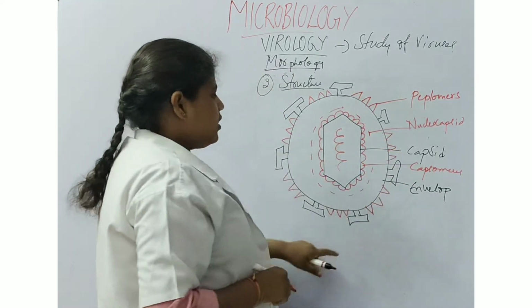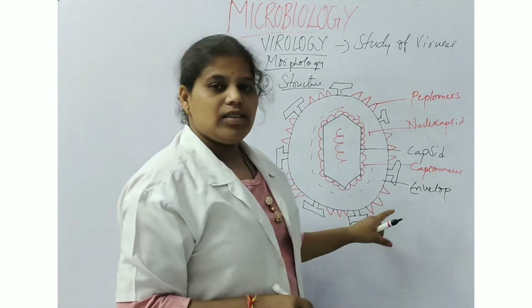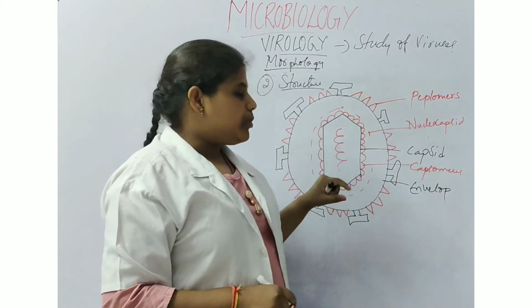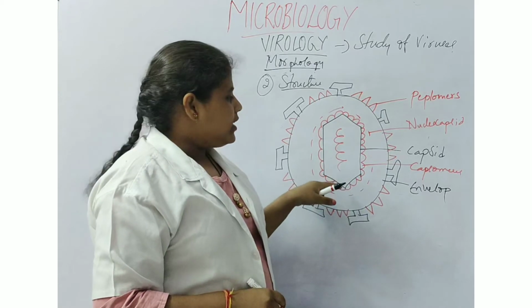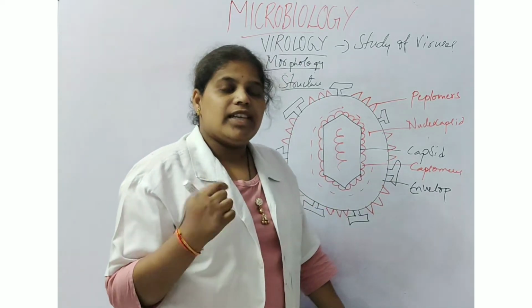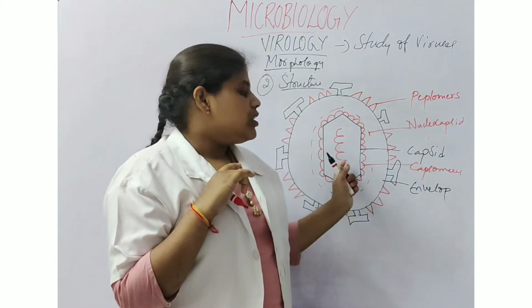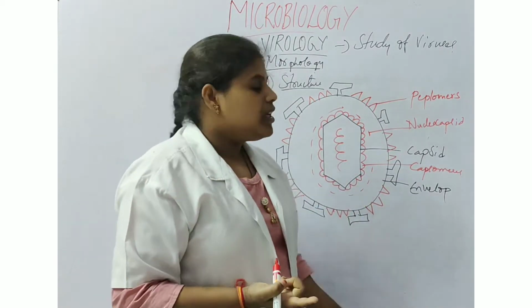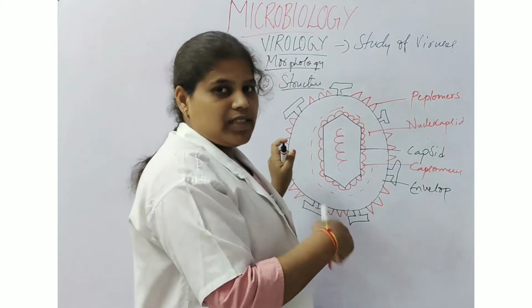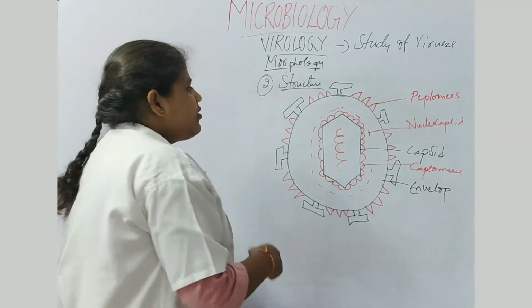All these structures help in the protection of the virus and protect the genome, and the capsid helps in attachment and in the introduction of the genome into the host cell. This is about the structure of the virus. Now we will see the symmetry of viruses.